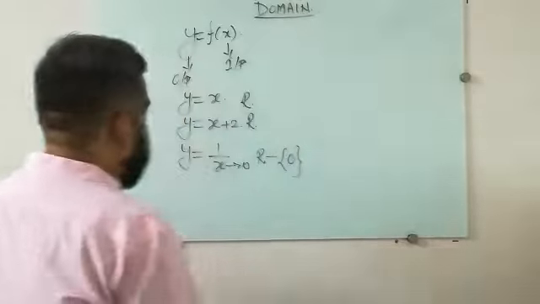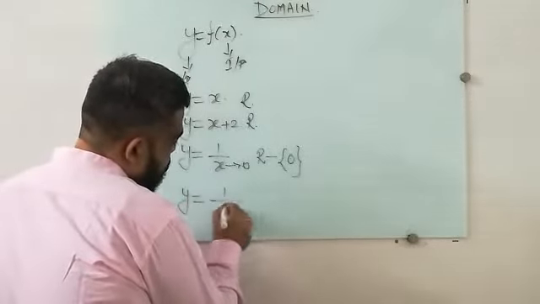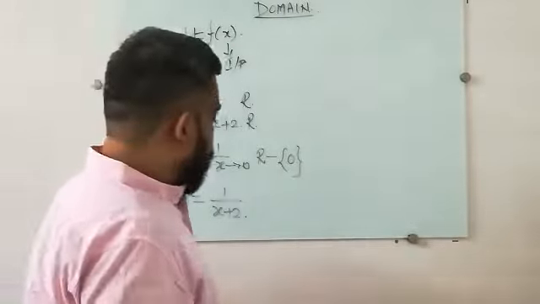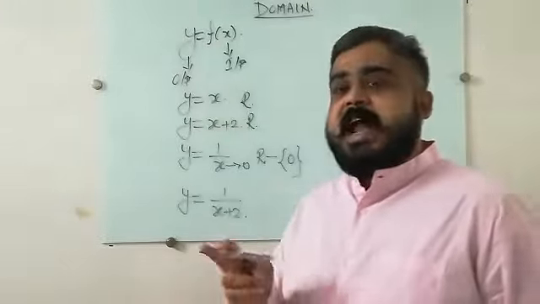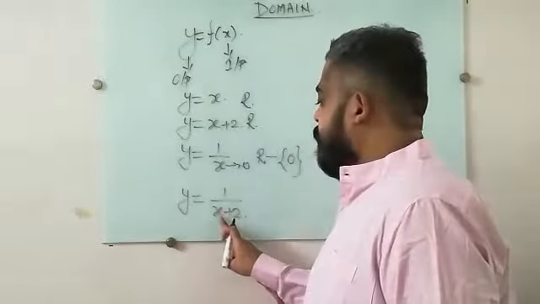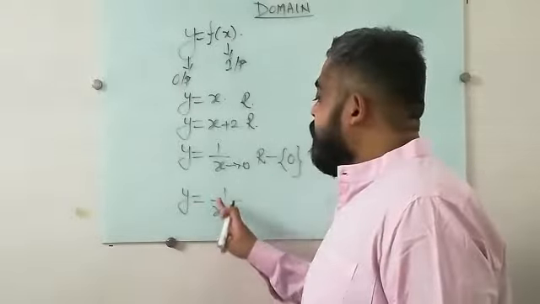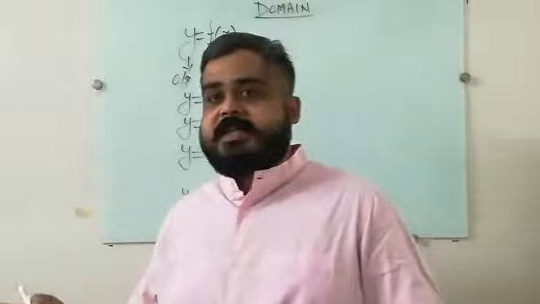Let us take one more example, y equal to 1 upon x plus 2. So again we need to consider that value of the input variable x for which this function will be undefined, and that value we have to exclude basically.